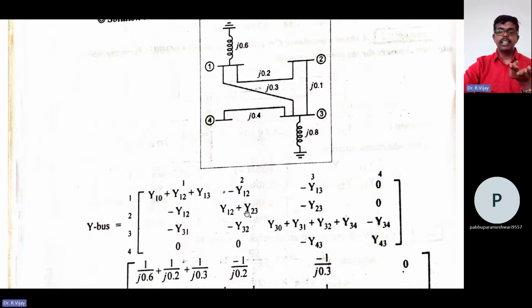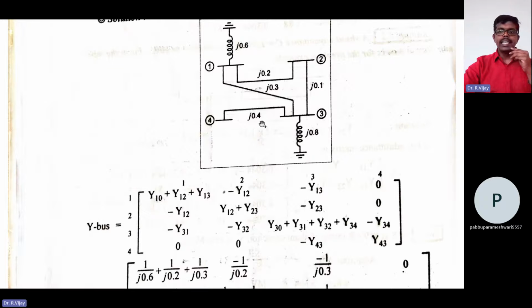Next minus of Y23, and minus of Y24, but there is no connection, so 0. That's all. Next Y31, minus of Y31, minus of Y32.